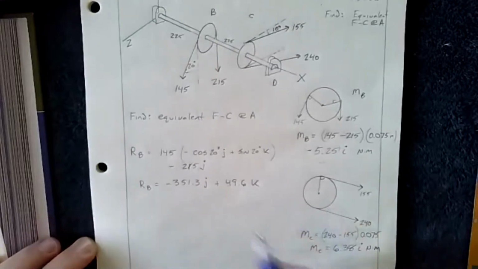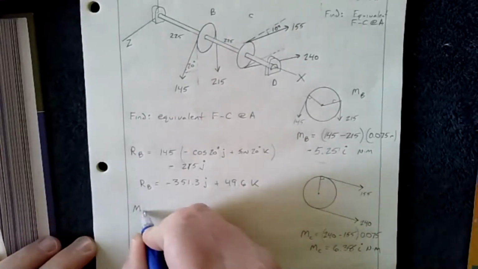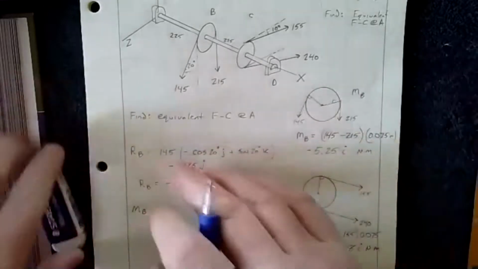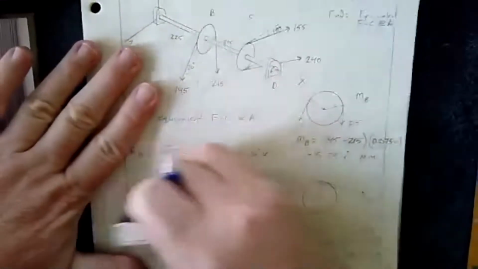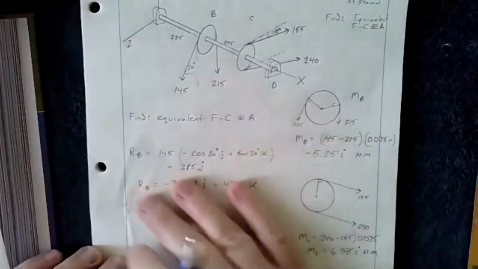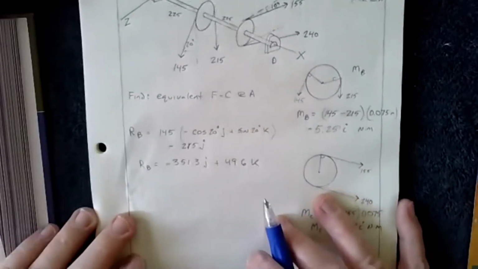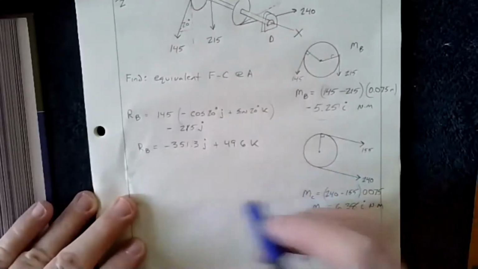So what we can do is say the moment about B that is created. Oh wait, I apologize. Back up. Actually, I'm going to go ahead and find RC, and then we'll come back to doing the cross.